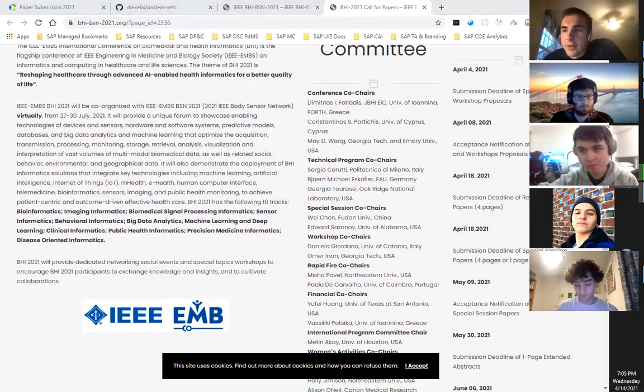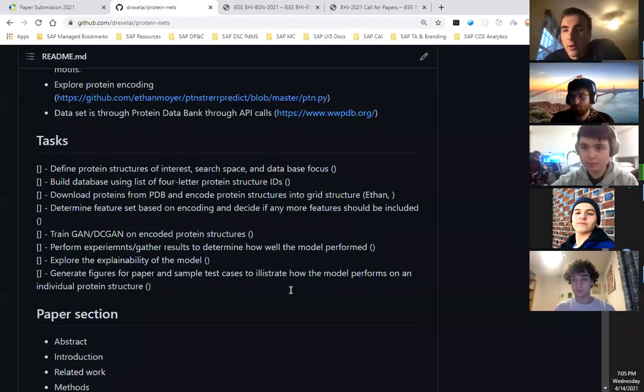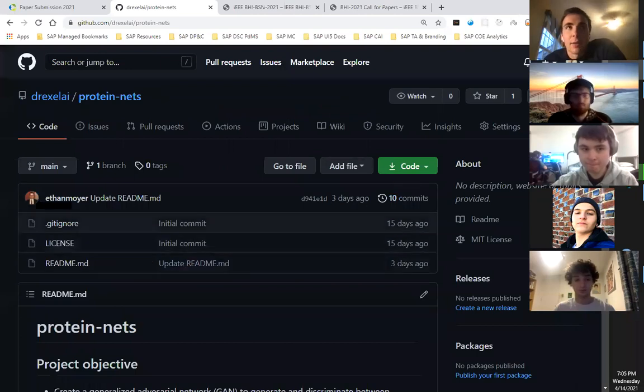The longest amino acid is tryptophan, and it's 7 angstroms long. So I made a 70 by 70 by 70 grid, and I used that. But when I tried to train it, it was way too large to train that kind of size. Oh really? 70 by 70 by 70.